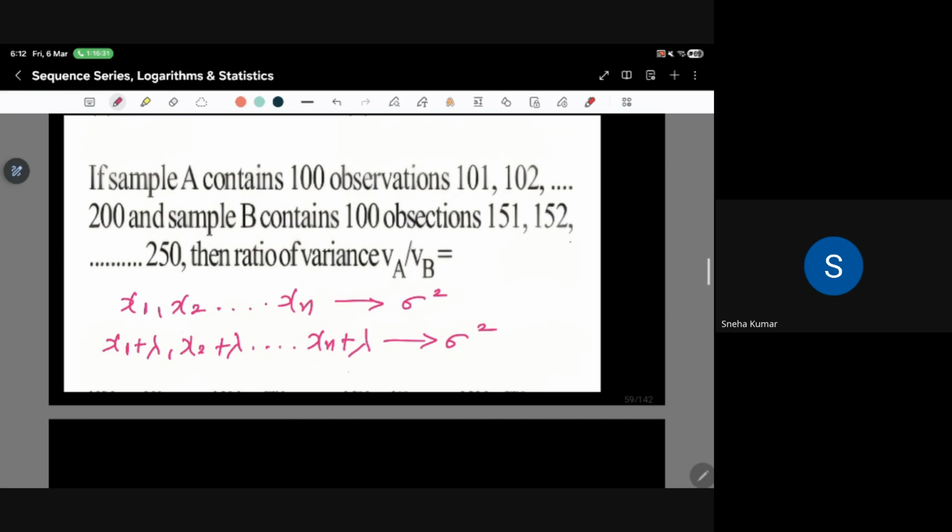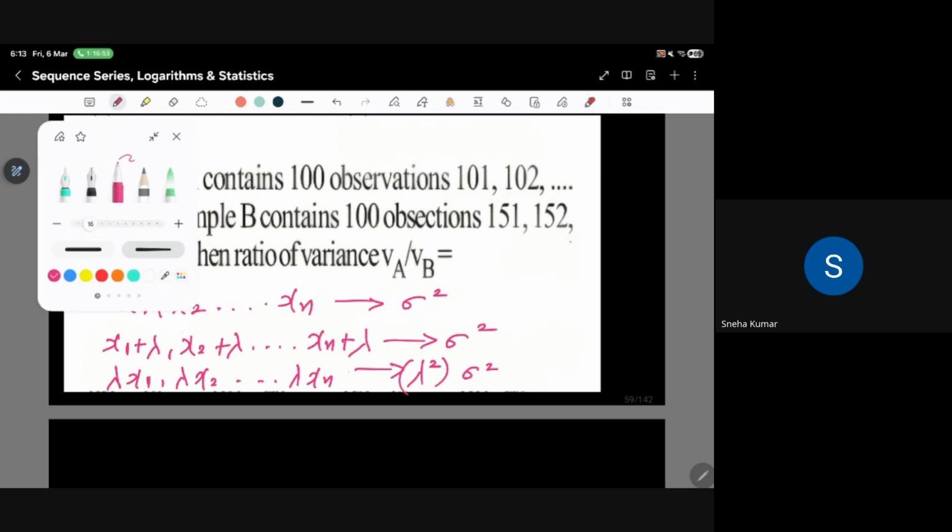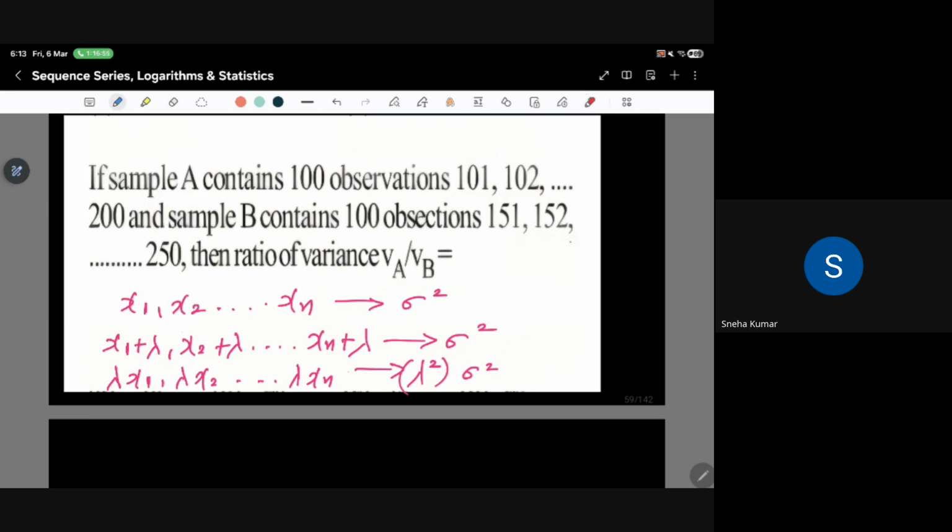But if we multiply each observation by some constant lambda, the variance will become lambda square times the previous variance. So here which operation is happening? You are increasing each observation by 50. The variance will remain the same. Okay, so this property everyone should remember.